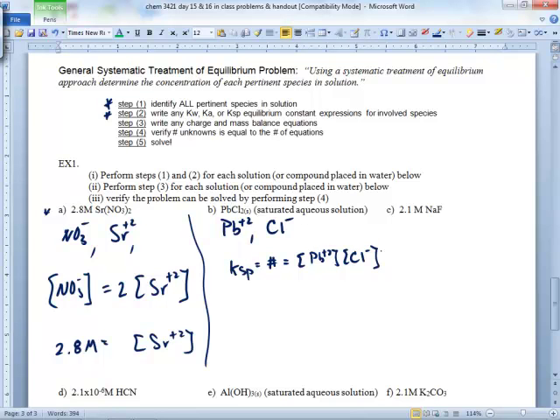Squared. Right? And if you're not sure how to jump to this, just write the reaction. It takes 2 seconds, right? Solid going to its ions. Are there any other Ka's or Kw's we can write? Nope. No Kb's, nothing. Okay.